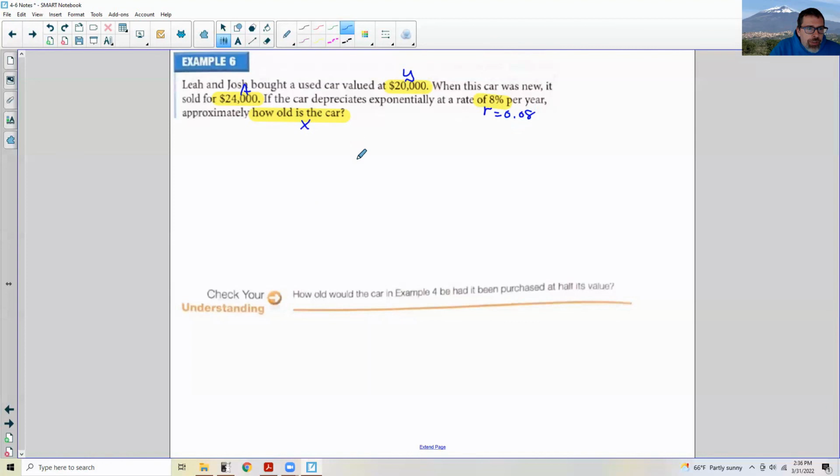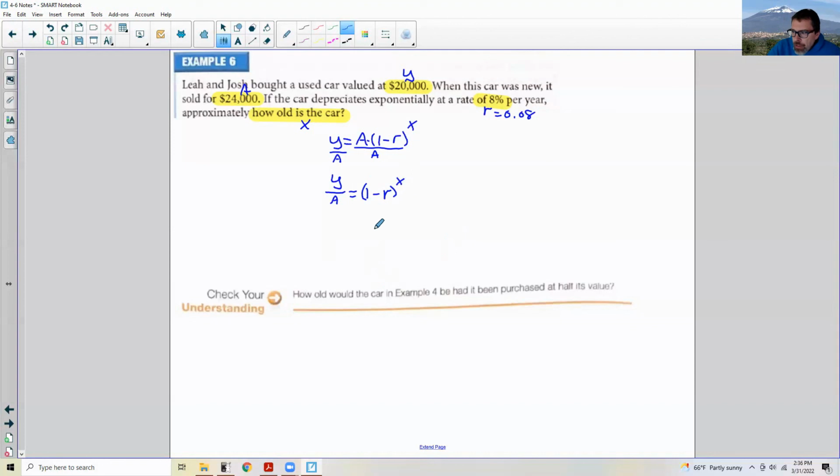And how old is the car is the number of years, X. So if we have Y equals A times 1 minus R to the power of X, and I want to know what X is, I've got to get X by itself. The first thing I do is get rid of this A by dividing both sides by A. So that's going to give me Y over A equals 1 minus R to the X.